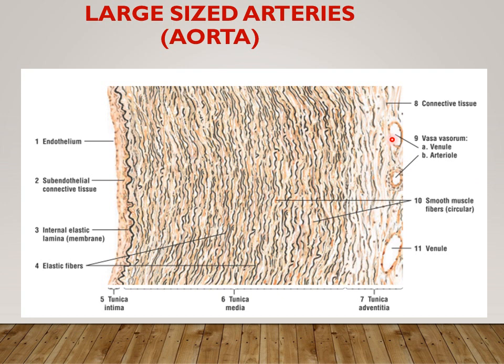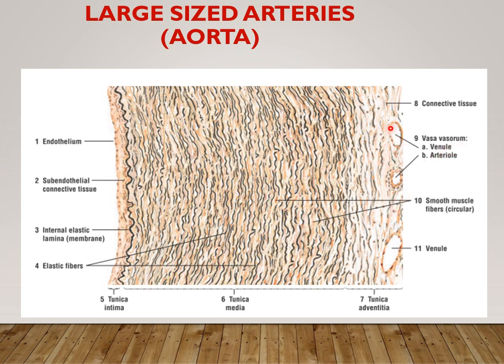And here you can appreciate these blood vessels which are the vessels of the vessels. These are the feeding arteries which enter that blood vessel through the tunica adventitia. So these are located in the tunica adventitia. This is the venule and arteriole. So the arteriole and venule are both known as the vasa vasorum.